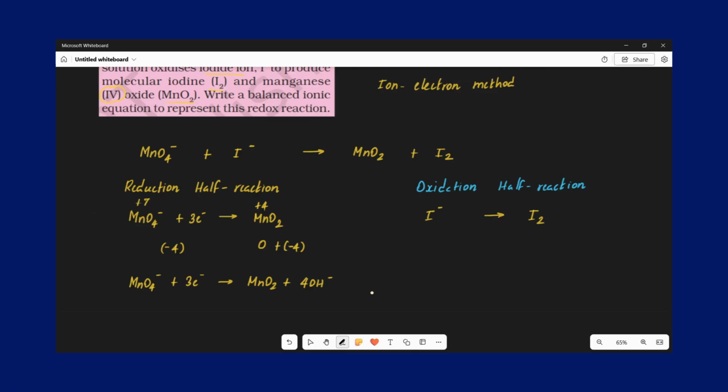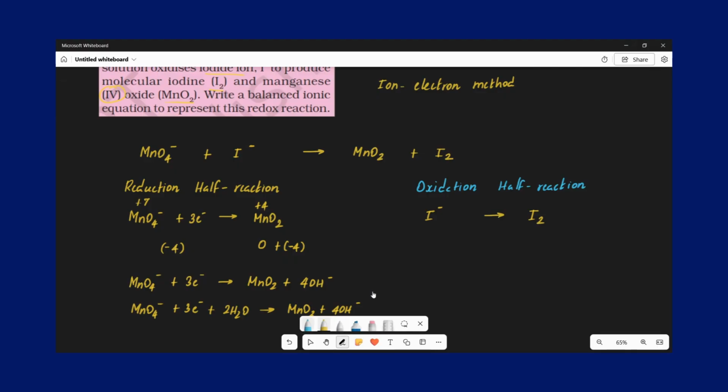In the previous video also I said whenever hydrogen needs to be balanced, you have to add the appropriate number of water molecules on the opposite side. So MnO4 minus plus 3 electrons plus 2 moles of water, because of 4 hydrogens, gives MnO2 plus 4 OH minus. Now if I look at the balancing of oxygen, I have 4 plus 2, 6 oxygen on the left hand side, the same 4 plus 2, 6 oxygen on the right hand side. So the reduction half reaction is balanced now.